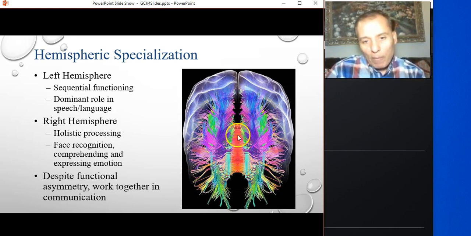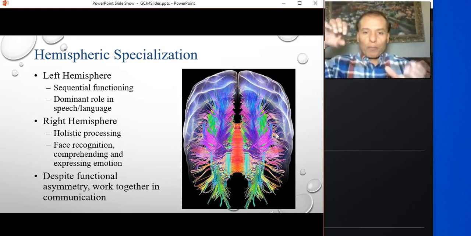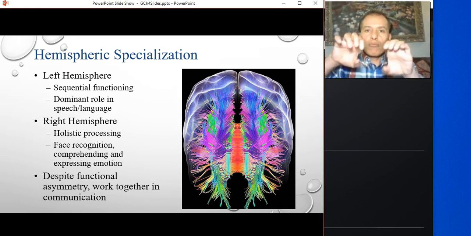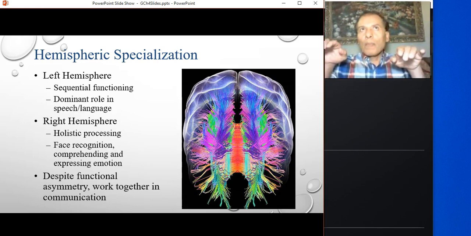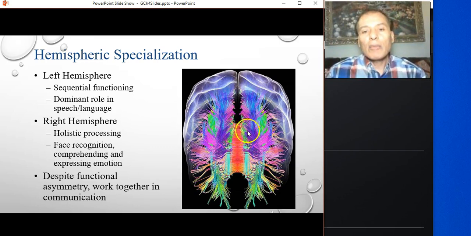In between them, these hemispheres are connected with a structure that you could see here, where all these neurons come in and are compressed and bundled together so tightly, and they connect the right hemisphere with the left hemisphere.